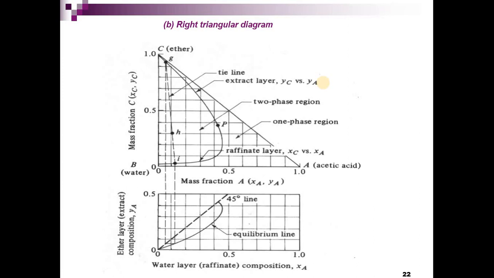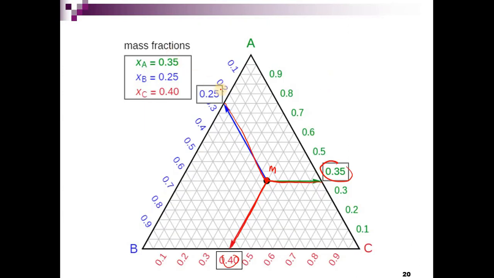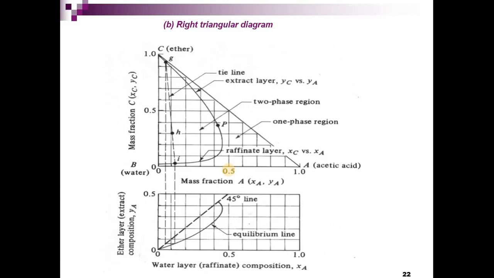Just now in the equilateral diagram we could locate the mass fractions of three components, but in the right triangular diagram we only involve two components. Let's say I have M here with 0.4, 0.3, 0.3.